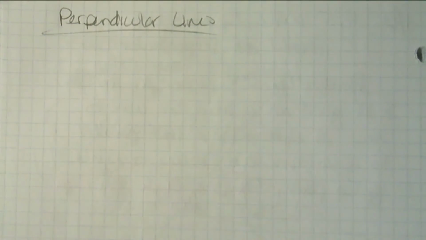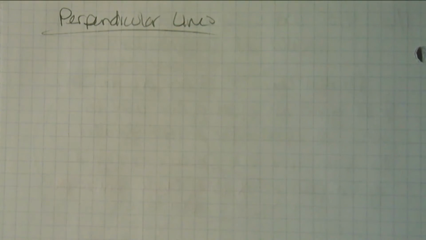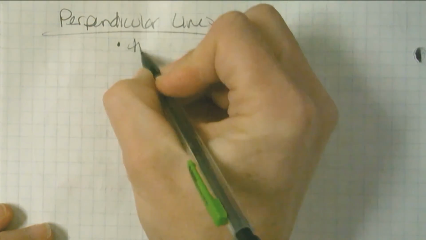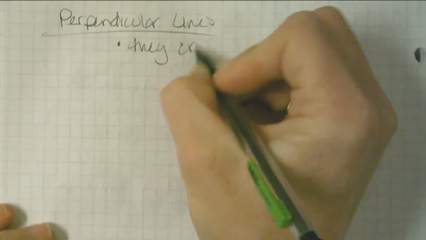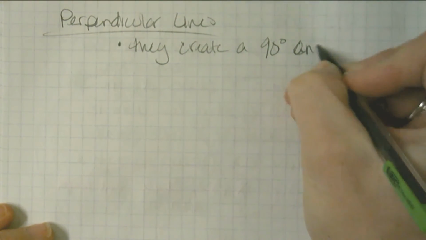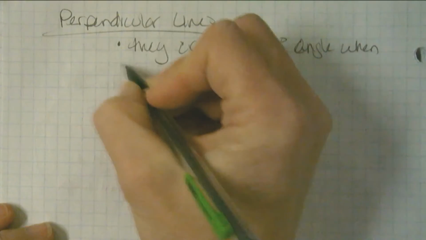Seamus? Yeah, they create a 90-degree angle. So perpendicular lines create a 90-degree angle when they cross.